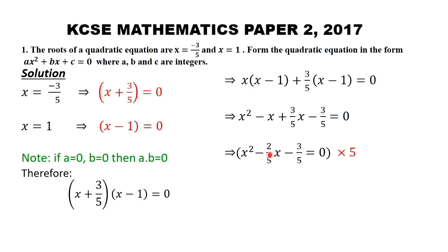We'll be able to achieve that by multiplying this equation by the LCM, and the LCM happens to be 5, so we multiply by 5, and that finally gives us 5x squared minus 2x minus 3 is equal to 0. And that finally is the quadratic equation as was required in the question.